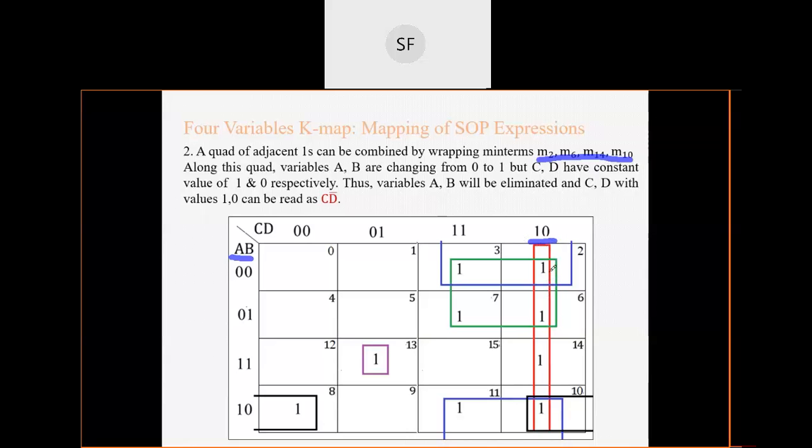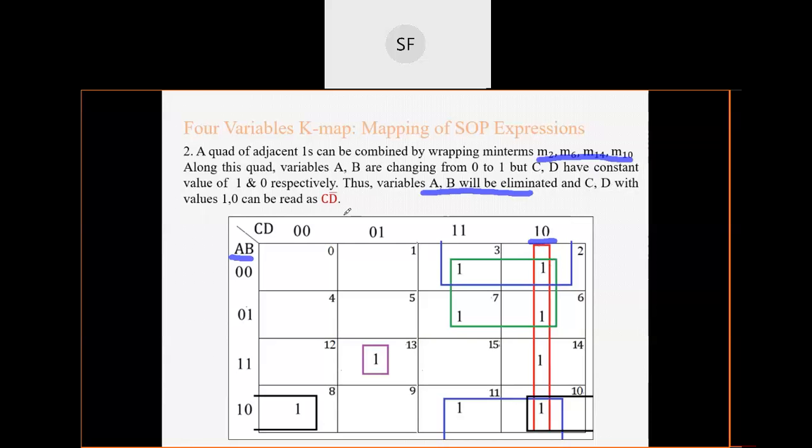I have already told you that in a quad 2 variables will be eliminated. Which variables will be eliminated? The variables whose values are changing. So you can observe here variables A, B will be eliminated, and C, D are constant with the values 1, 0.